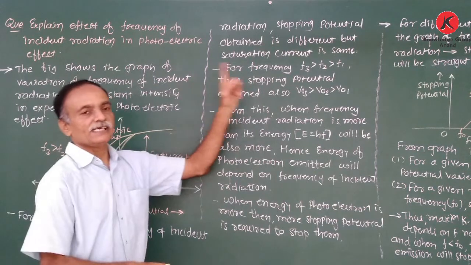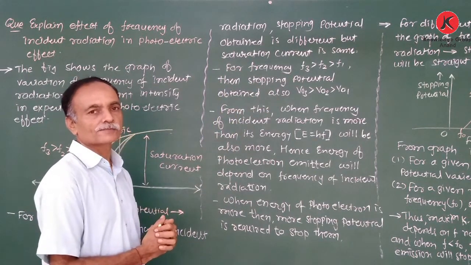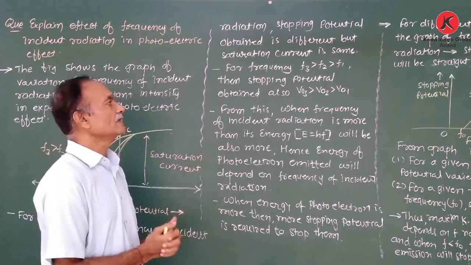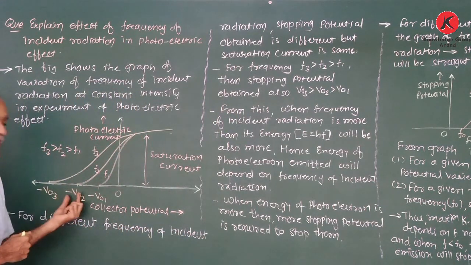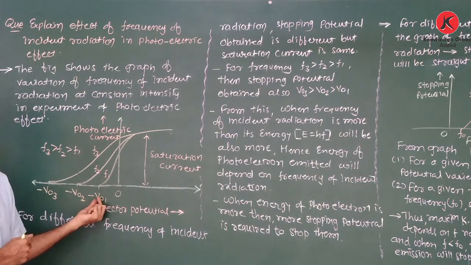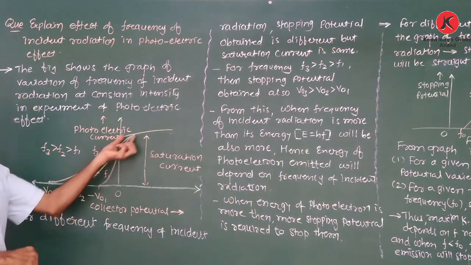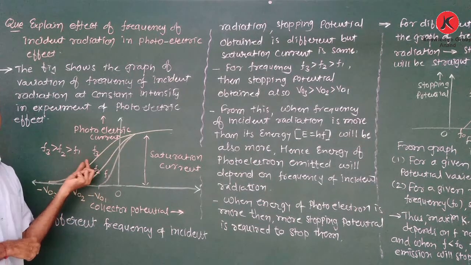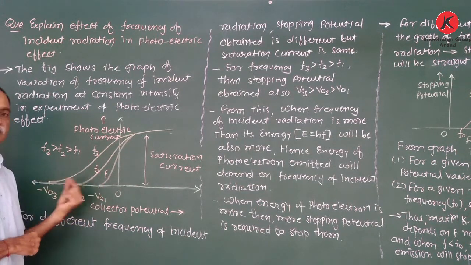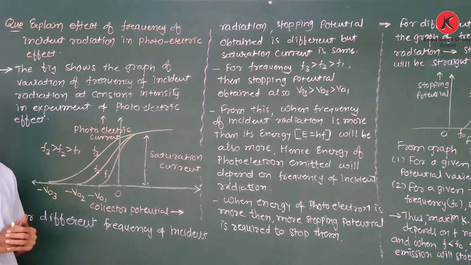For frequency F3 greater than F2 greater than F1, the stopping potential obtained is also V03 greater than V02 greater than V01. That means for the given intensity of the incident radiation, as the frequency increases, the value of the stopping potential also increases.